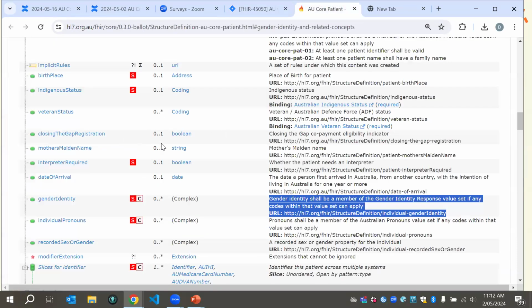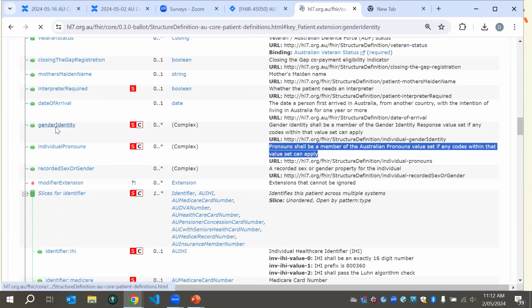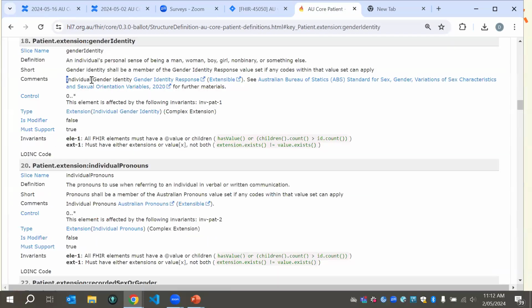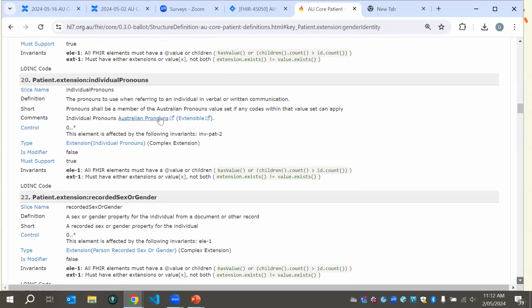Looking at the key elements view, there is a naming of those value sets in the short of the profile. And if you click on that element, it has in the comments what that requirement is for the value set, for gender identity and for pronouns.